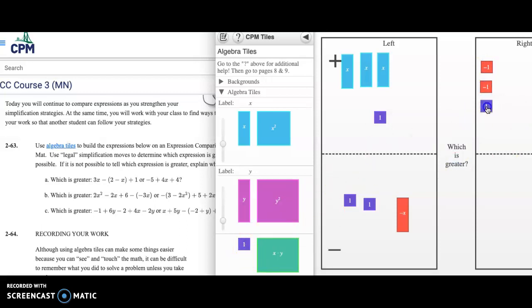So I need to make them red. And then I have plus 4x, so positive 4x. And then I have positive 4.